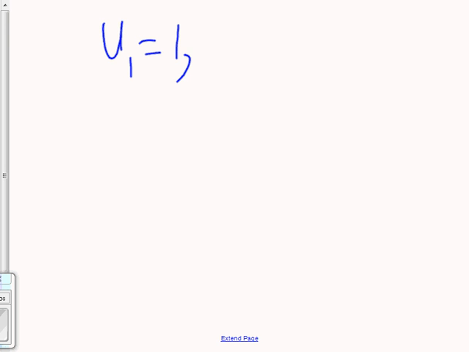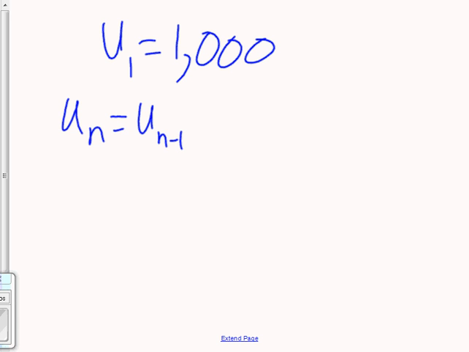So same thing. u of 1 is equal to 1,000, and then u of n is equal to u of n minus 1, and then we're going to say that that's all multiplied by negative 4. Let's not do 4. We just did 4. Let's do negative 3, and n being greater than or equal to 2.